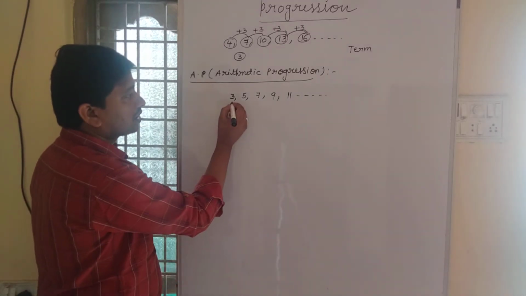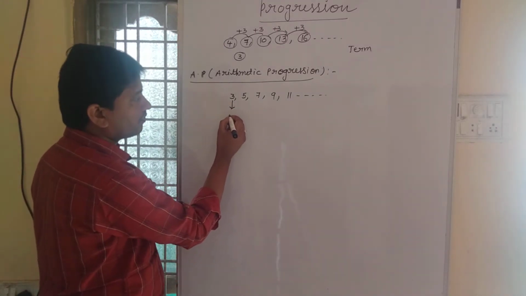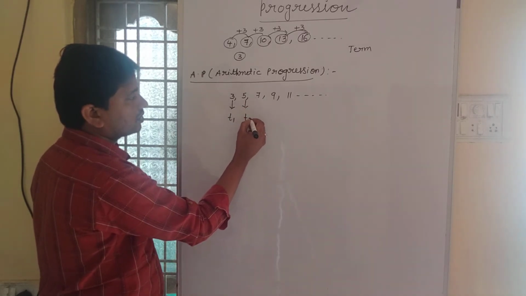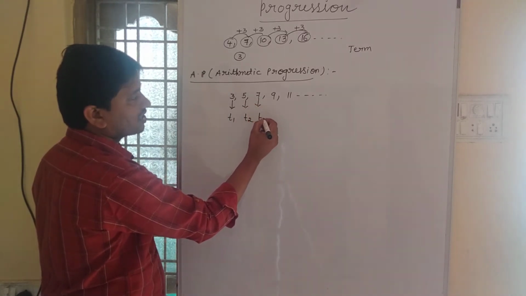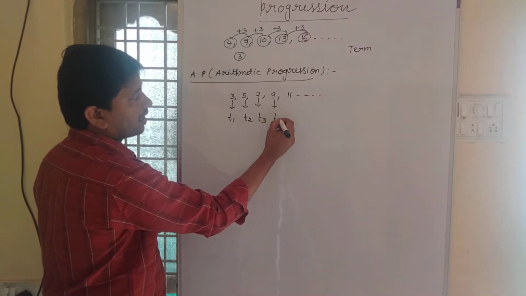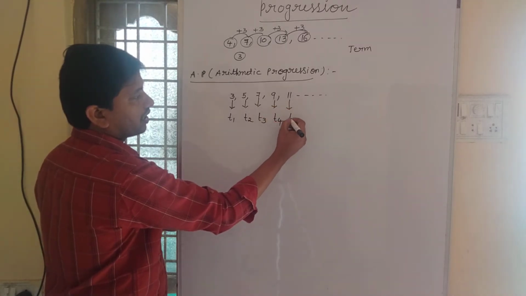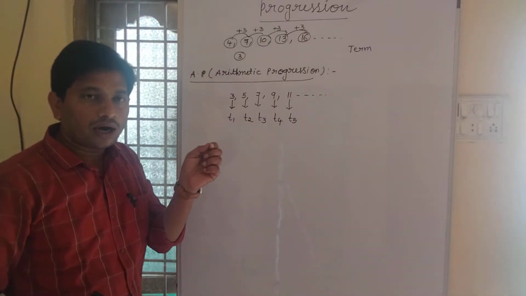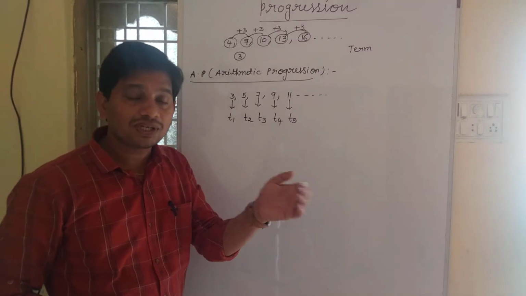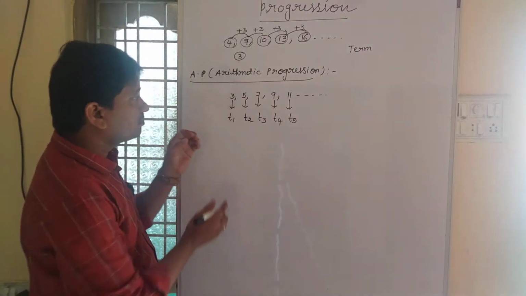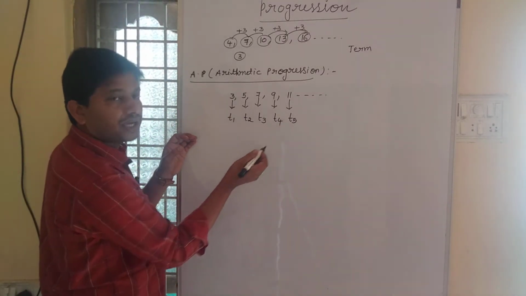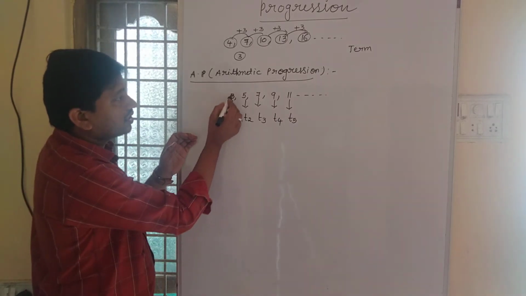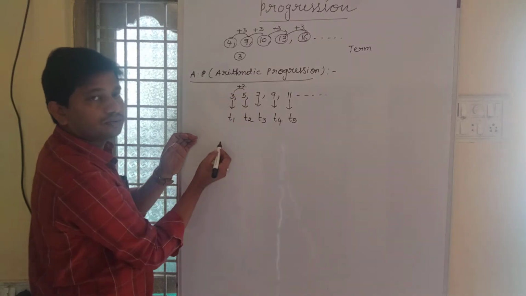In this, 3 is called our first term, we call it T1, and 5 is called the second term, and 7 is called the third term, and 9 is called the fourth term, and 11 is called the fifth term. You can see here we are adding a fixed number, that is 2.